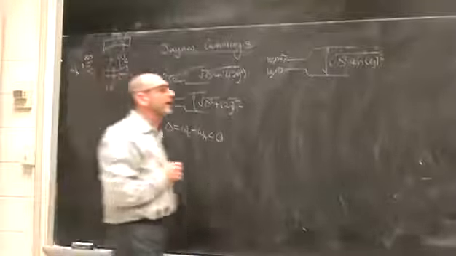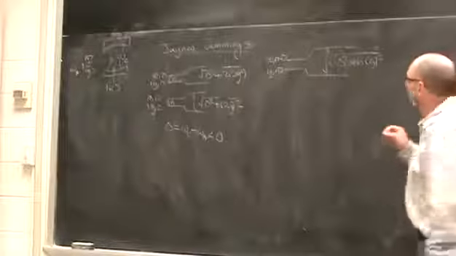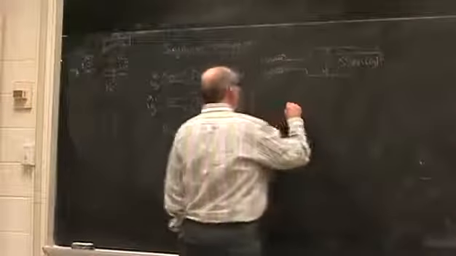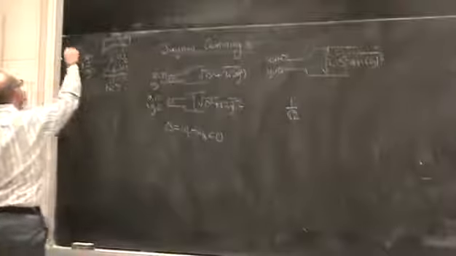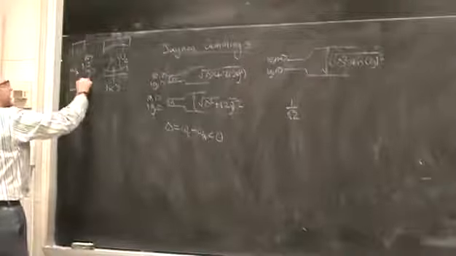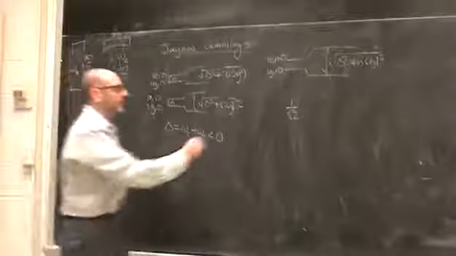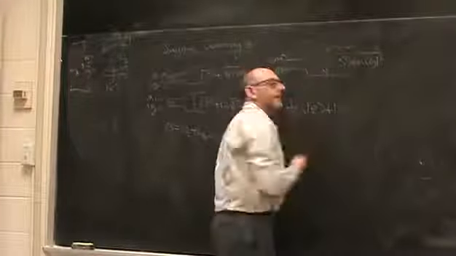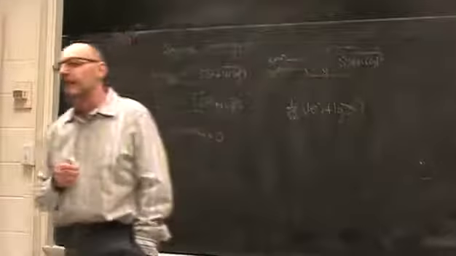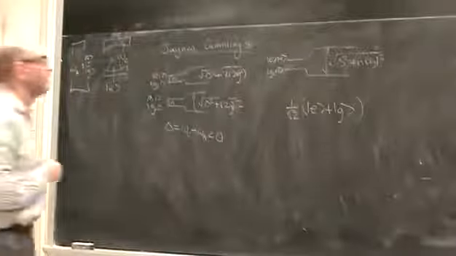So here's the idea. I have a Ramsey zone over here, and I create a superposition. I do a pi over 2 pulse, and I create a superposition of the excited and ground state.